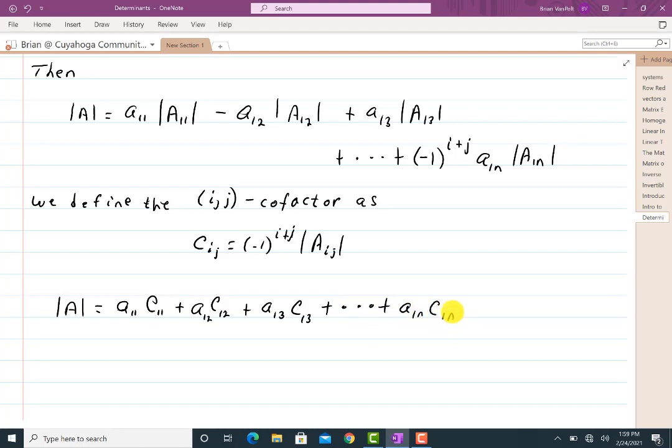By doing this, this is called the cofactor expansion along row 1. We can, in fact, do it for any particular row if we want to. Let me show you how this works.